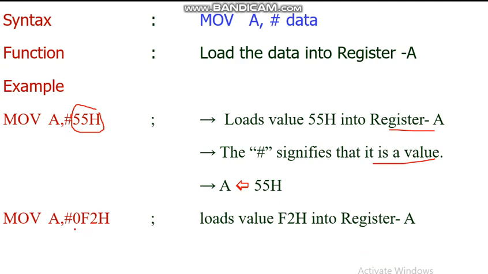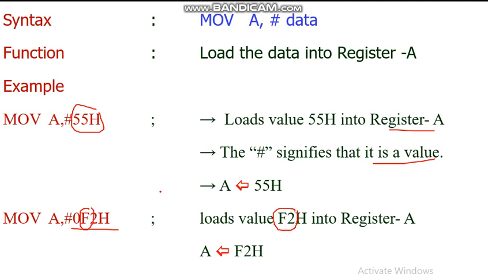Another example, MOV A, #0F2H. So it will load data F2 into an accumulator. So A equal to F2. Now see here, whenever we have alphabet after the hash, that alphabet is not an alphabet, it is hex digit.